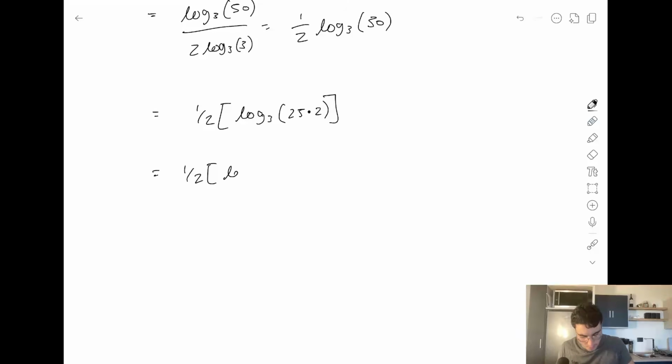So we get log 25 plus log 2, which equals what? What can we express 25 as? Well, we can express 25 as 5 squared.